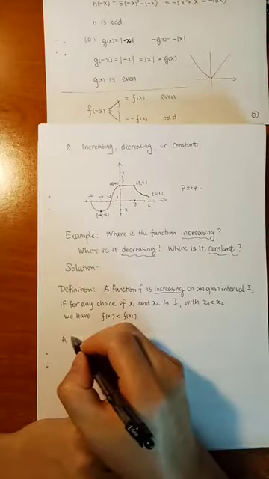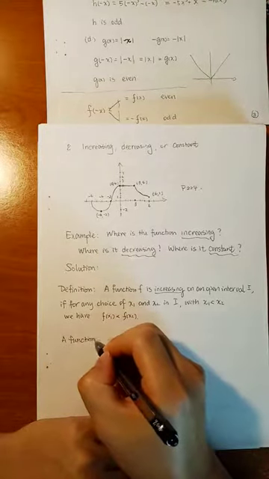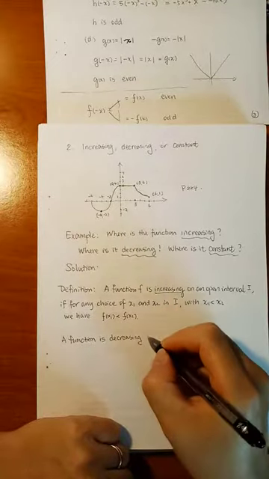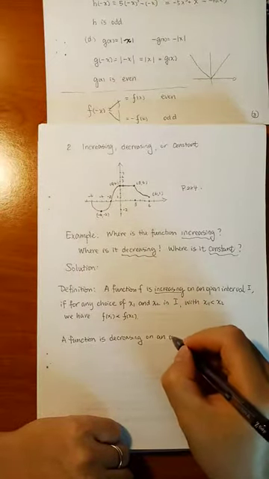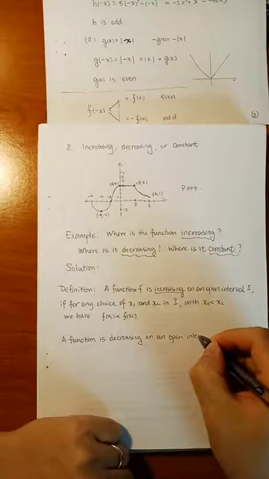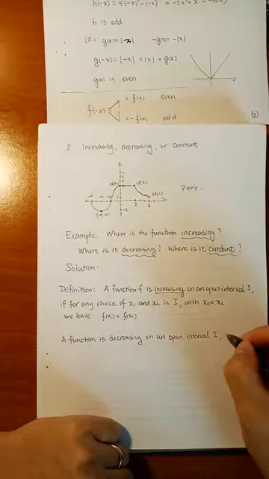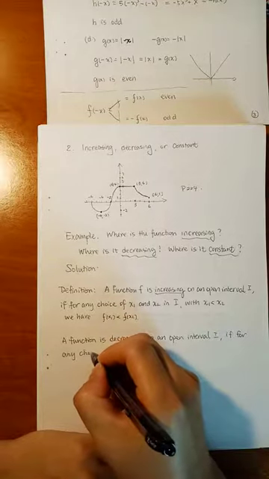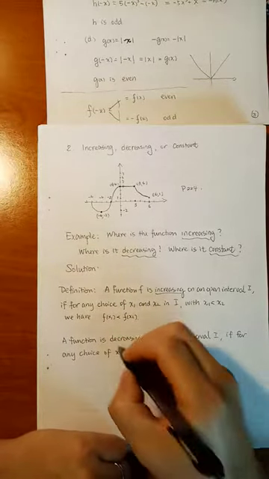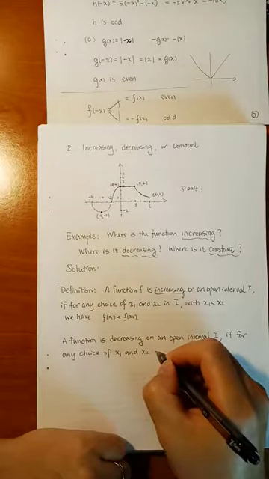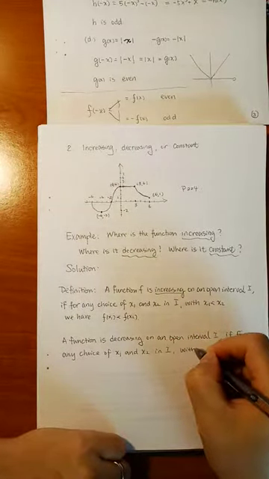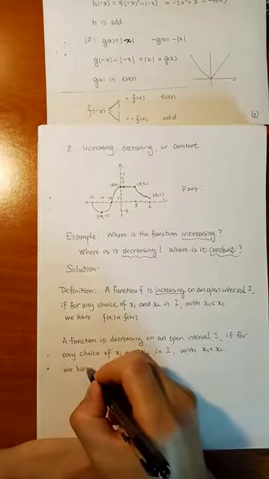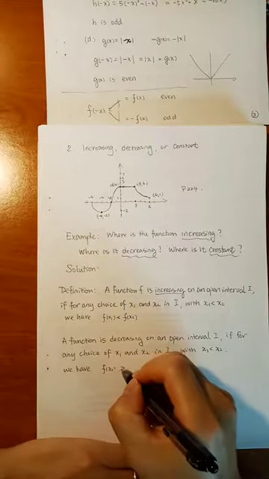And a function f is decreasing on an open interval I if for any choice of x1 and x2 in I with x1 less than x2, we have f(x1) greater than f(x2).